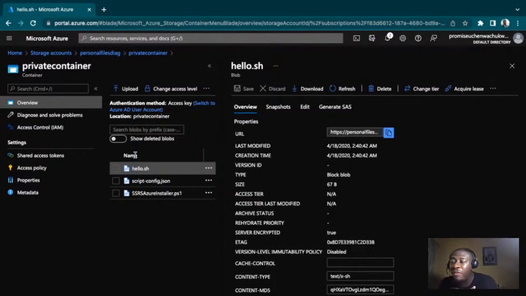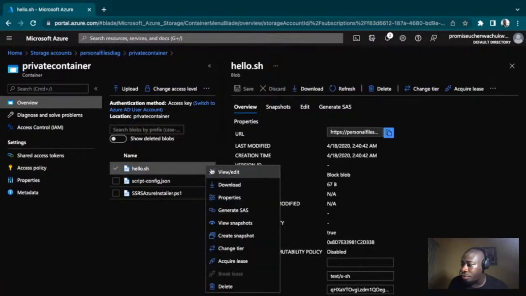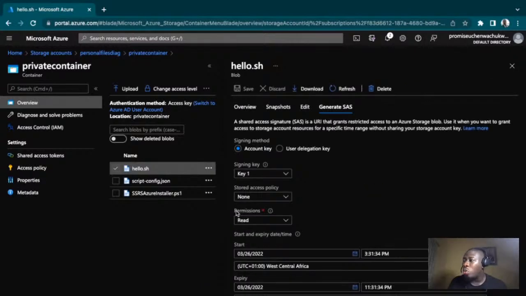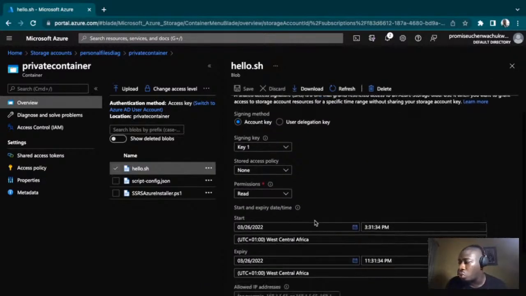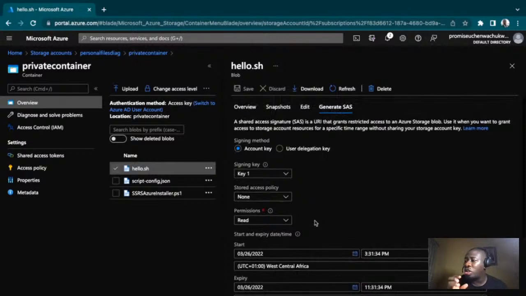How do I make it available for this person? One of the things I can do is give the person the link to this file. So if you see here, there is the link to the file. You see it says something like Generate SAS. So what this Generate SAS is going to do is generate a key for me that I'm going to use to be able to access this file.